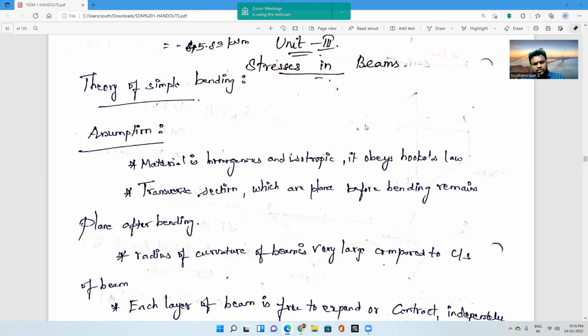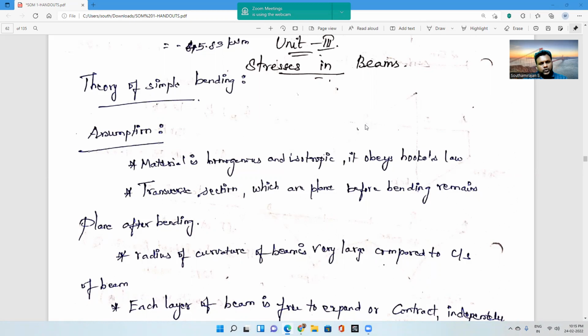So the variation for the bending as well as shear has been calculated, and the variation has been drawn as per the cross section of the beam. When a beam is subjected to a bending load, it creates bending stress. The variation will be a linear variation.